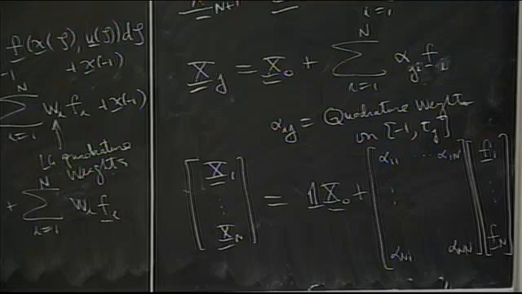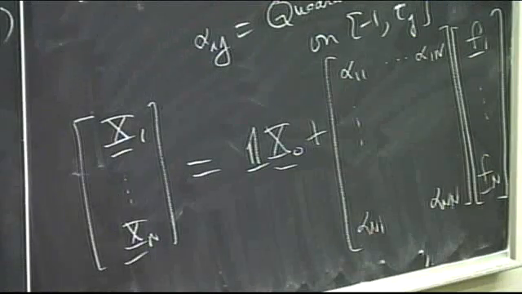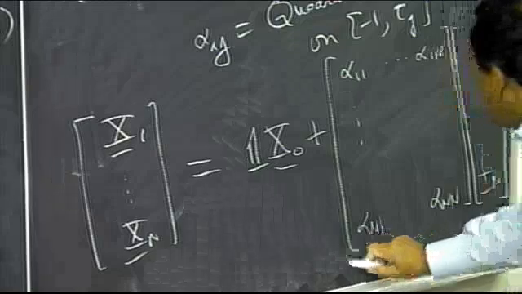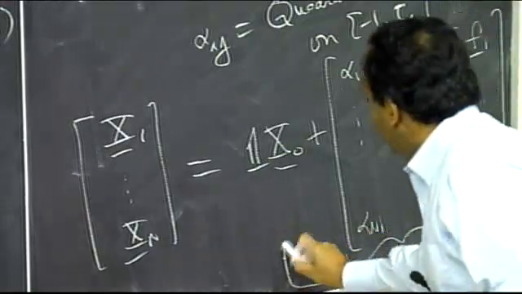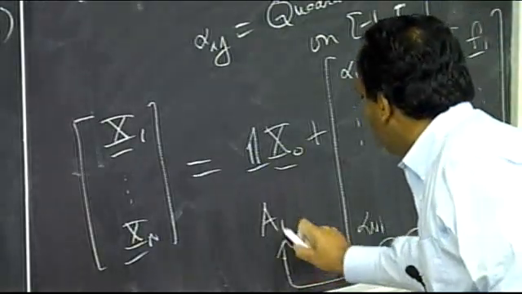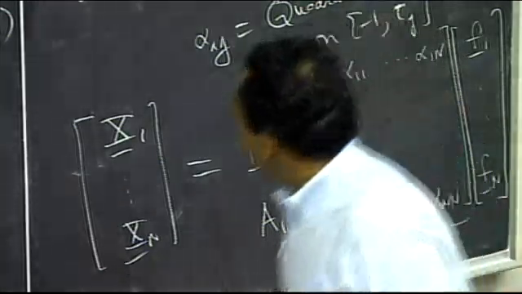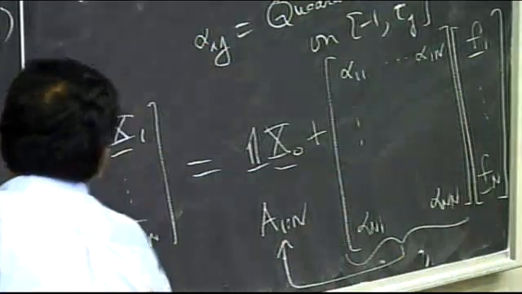Now we take that approximation and put it into a more compact form. Since the alpha matrix goes from 1 to n, I'm going to call this whole matrix A1 to n. See, this is x1 to n, right?